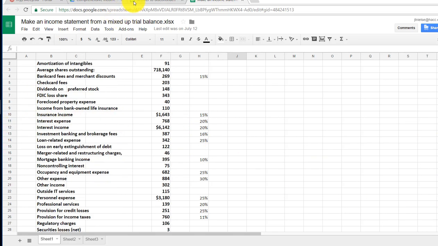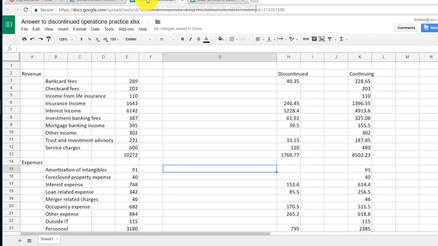So let's look at how we might work this with an Excel spreadsheet. First, I want to make sure I know what the income statement looks like before we separate the discontinued operations. So here are my revenues and the total for those.